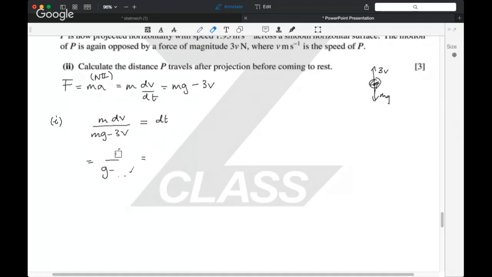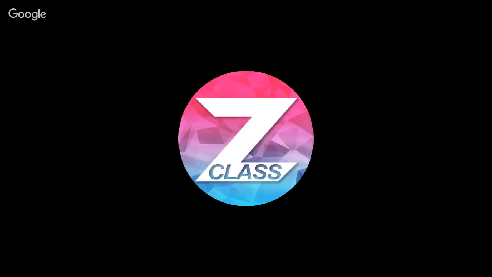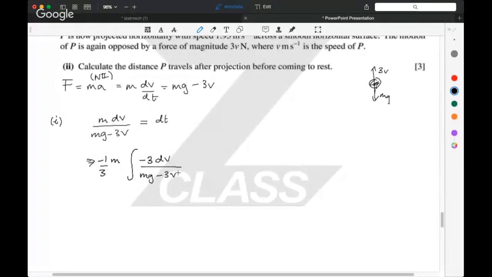Instead of doing that, I'm going to multiply both top and bottom by something, to get dv over mg minus 3v. Now, why have I done this? I'm hoping it'll make it pop out a bit what this thing will integrate to.